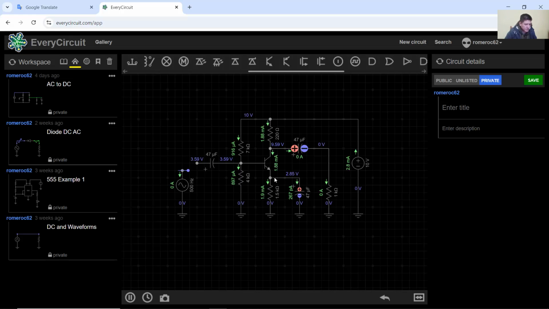And now you can see the current on collector is 1.88 milliamperes. On emitter 1 milliamperes.